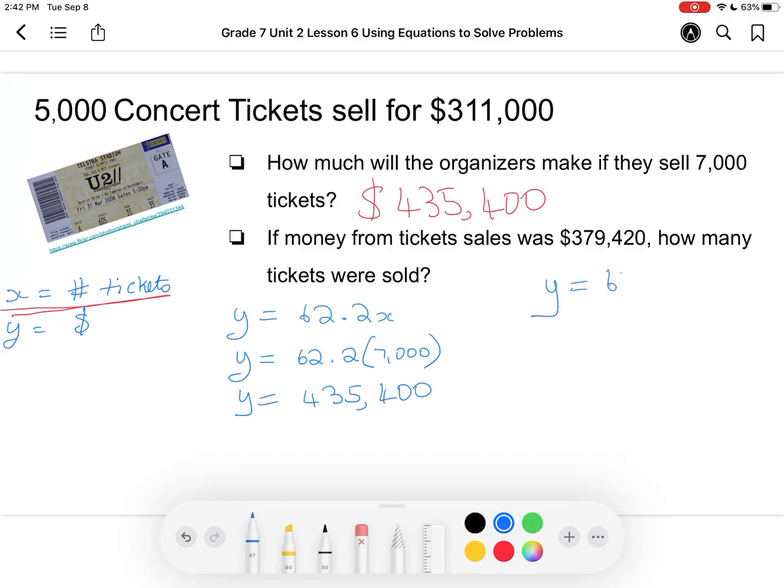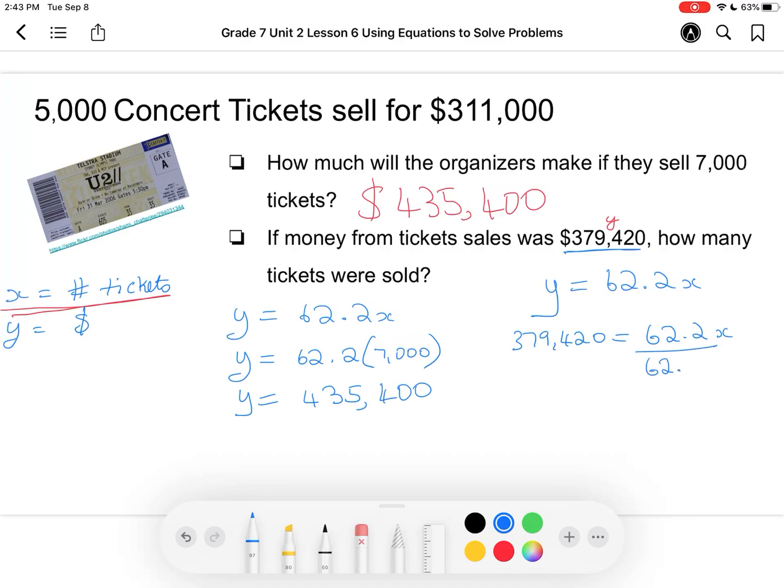I'm going to use the same equation. Y equals 62.2X. If the money is 379,420, how many tickets are sold? So money is represented by Y. This is Y. So I'm going to substitute that number in for Y. 379,420 is 62.2X.